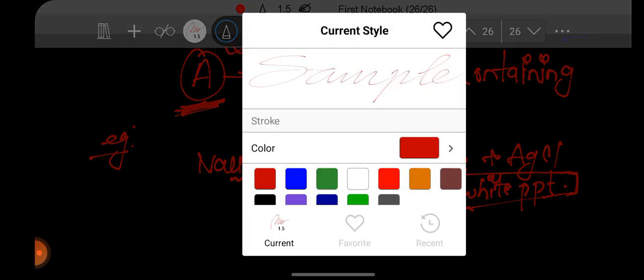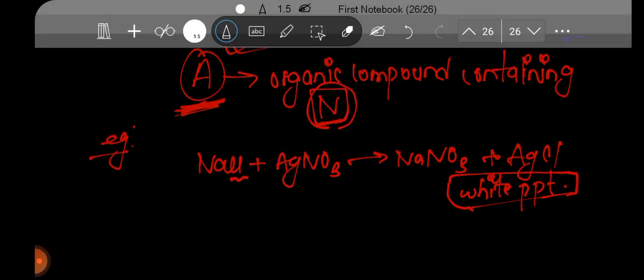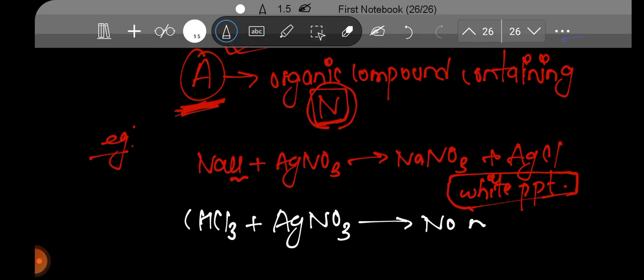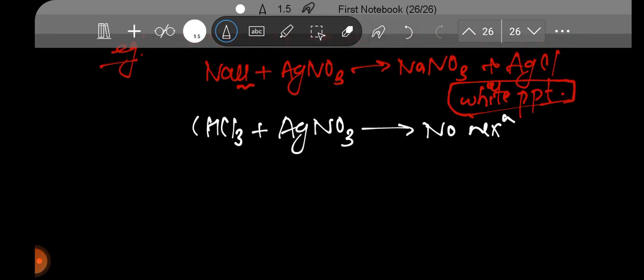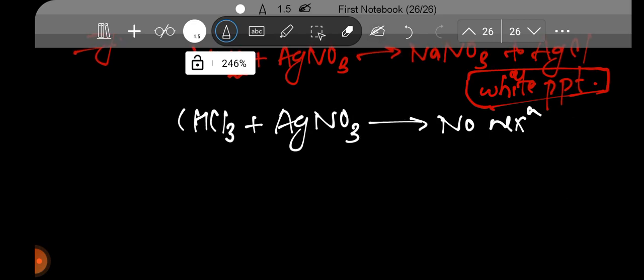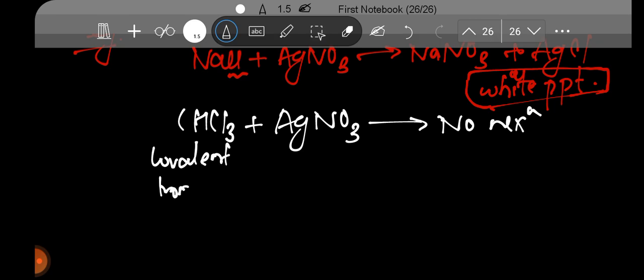But it is not the same case in organic compounds. Let us suppose one CHCl3, chloroform, plus AgNO3. There is no reaction. Why is there no reaction? Because you should know that chloroform consists of covalent bonds and AgNO3 consists of ionic bonds.